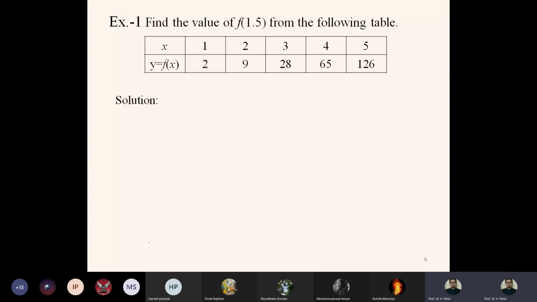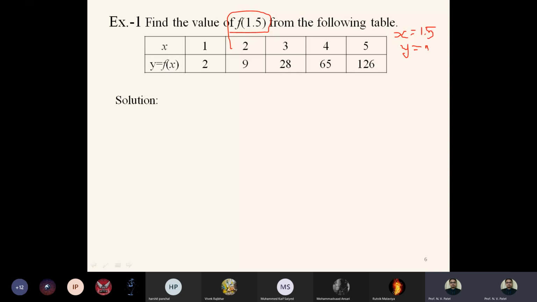So x values are 1, 2, 3, 4, 5. Correspondence y values are 2, 9, 28, 65 and 126. Now it says that find out f of 1.5. f of 1.5 means whenever we have x is equal to 1.5, so find out correspondence y value.